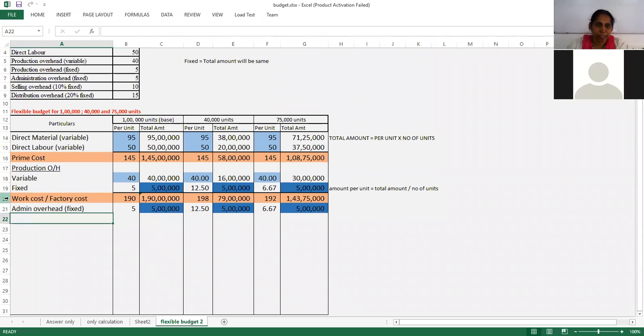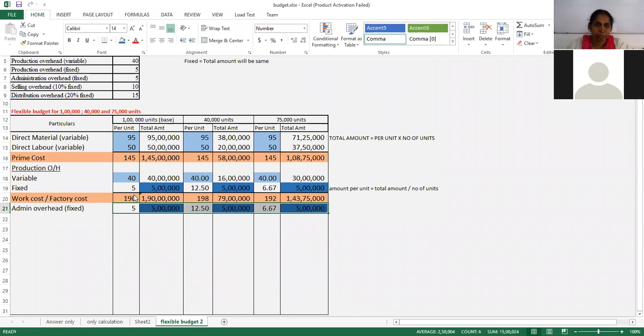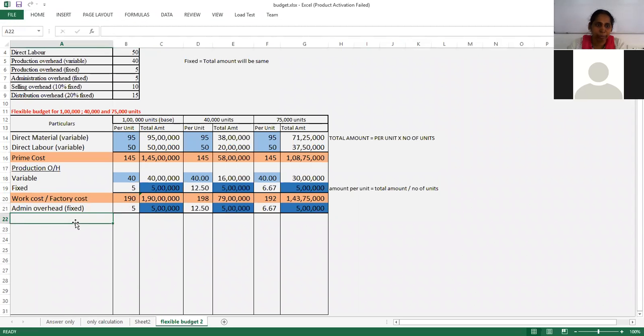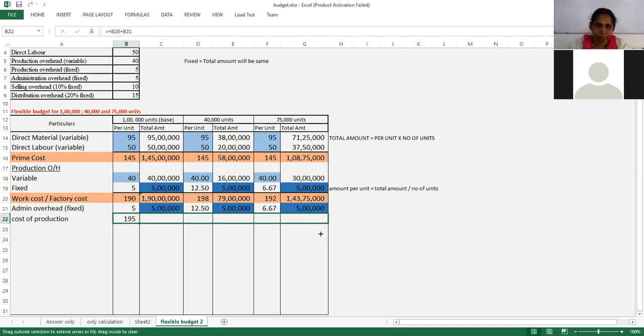Once admin expenses are over, then what happens? We're going to take the total. The total will be called the total cost of production. So I will take this and this, add these two, and I'll get the cost of production.